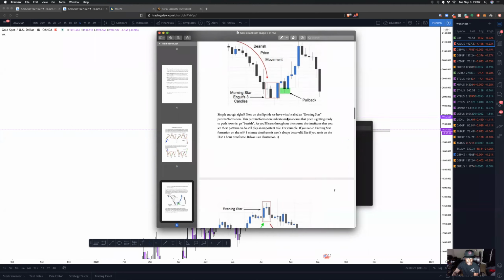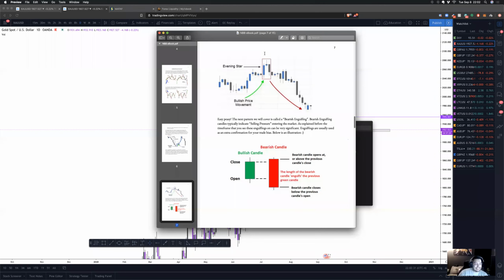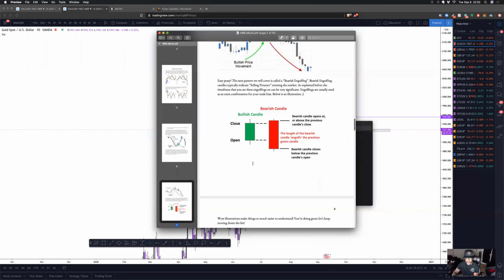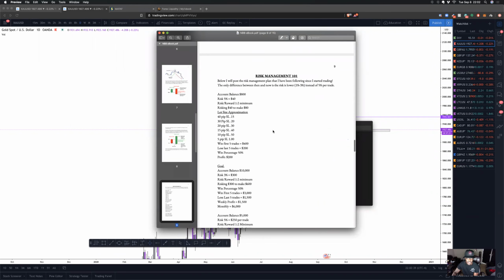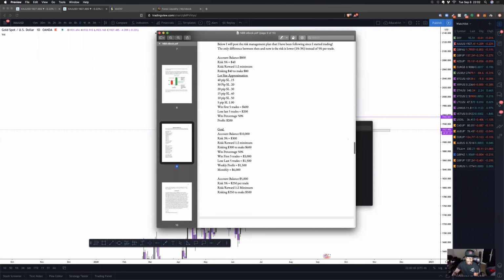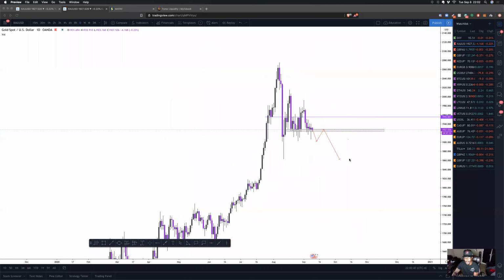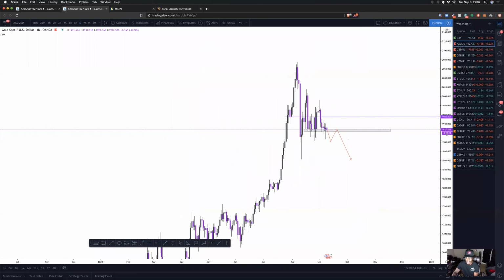What's a pullback? Man, I forgot how good this ebook was. Evening stars, bearish candles, bullish candles, what engulfings are, risk management, psychology. Guys, I tried to go somewhat in depth. I plan on extending it, but for now, that's what I have.